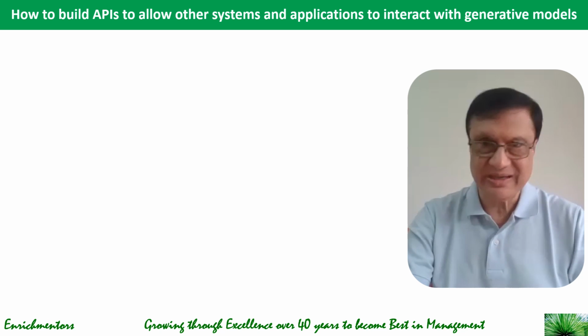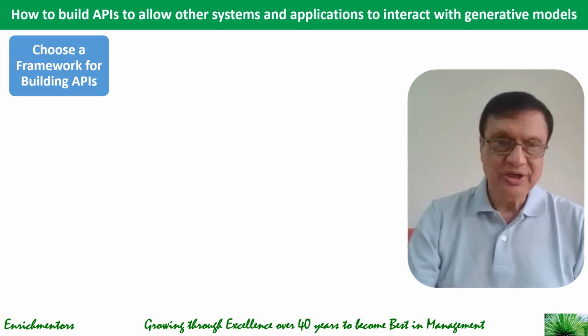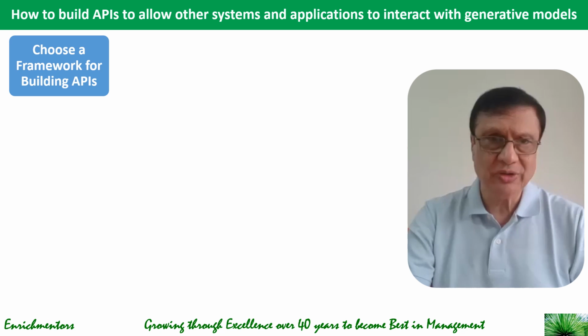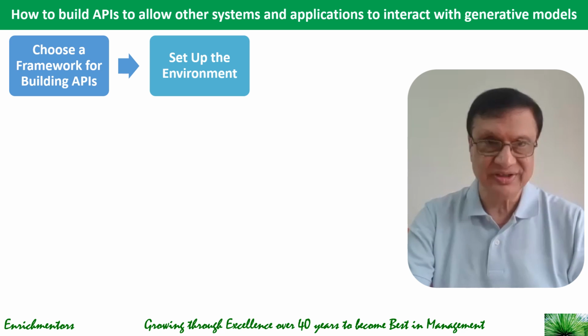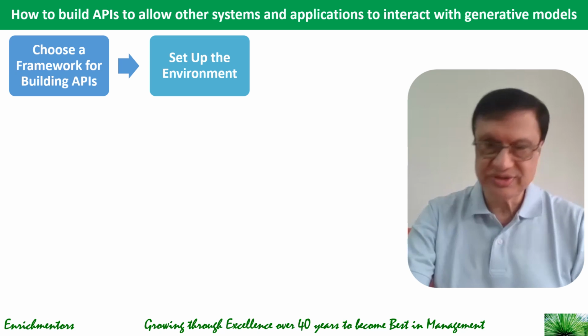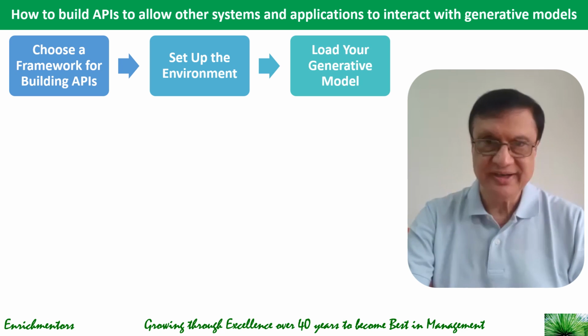Now, what are the various steps that you need to take? You need to start by choosing a framework for building APIs, and we will talk about such frameworks in the rest of this lecture. Then you set up the environment where you want to use such frameworks, and then you load your generative model.